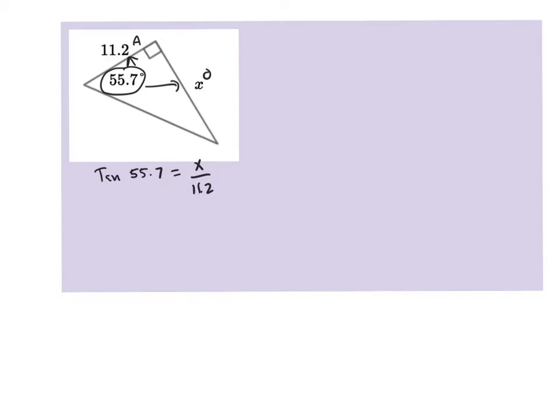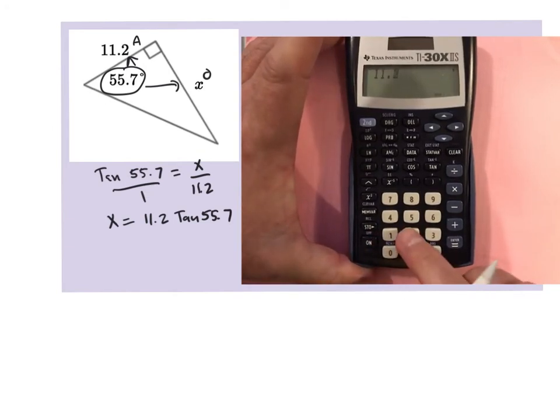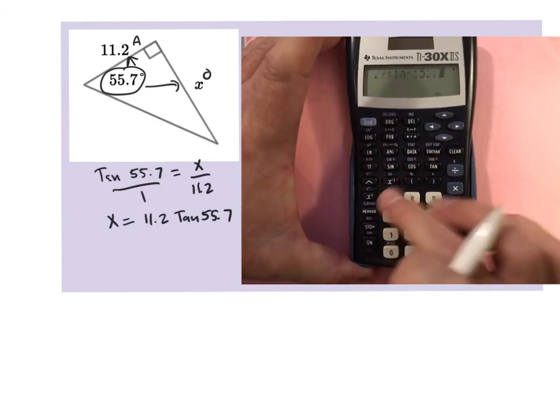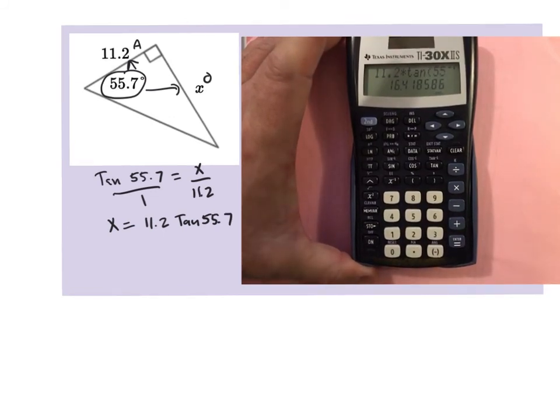Now, to solve for x, I can cross multiply, and I get x equals 11.2 times the tangent of 55.7. So let's take a look at how to do that with our calculator. I've already made sure that my calculator's in degree mode, so all I have to do is put in 11.2 times the tangent of 55.7, and that will give me my answer of 16.42.